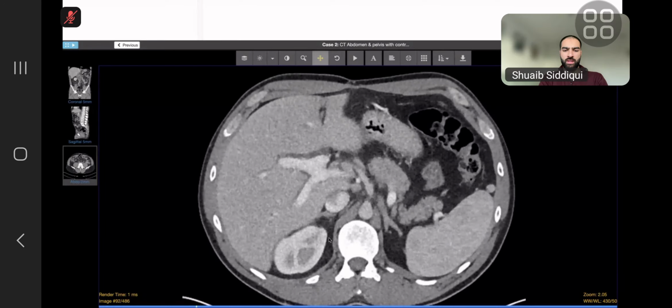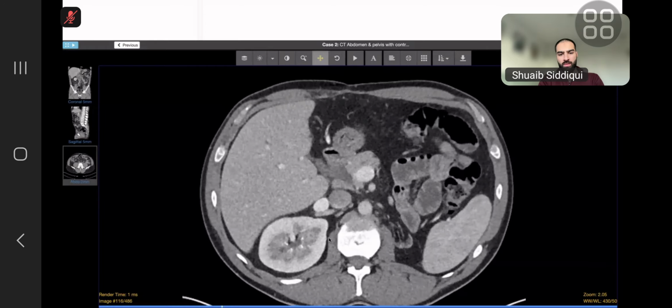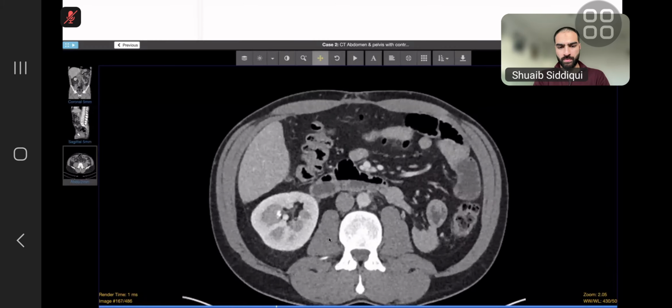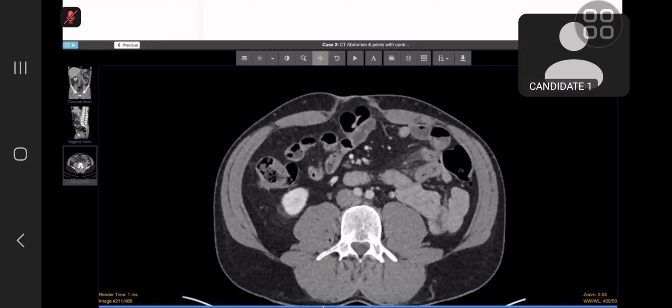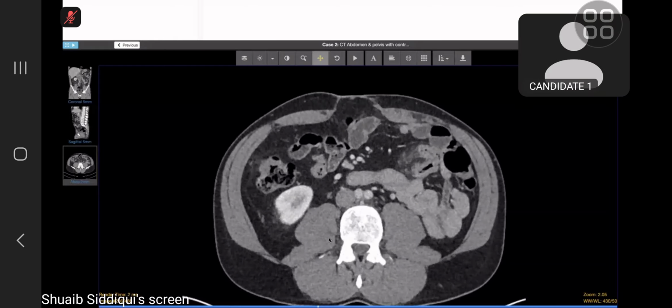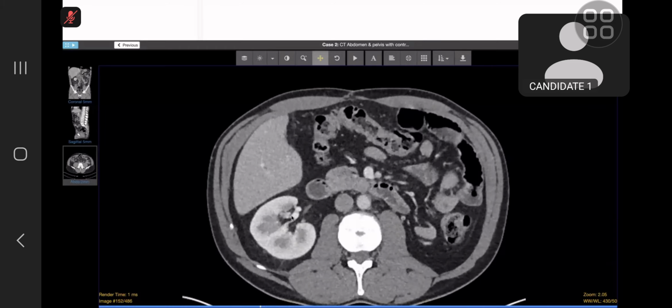With regards to those calcifications you saw, how would you describe that? So the calcifications are looking like nephrocalcinosis. So they're present in the medullary region.